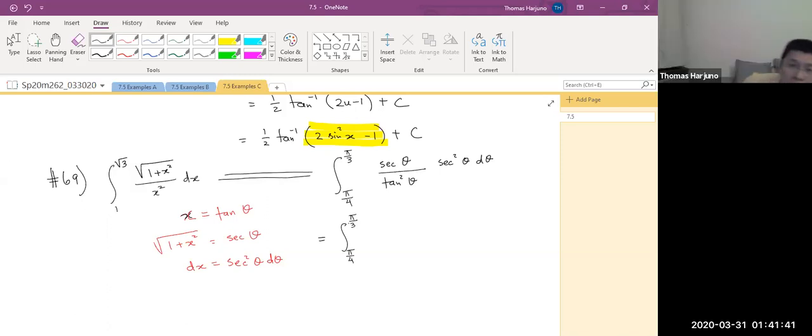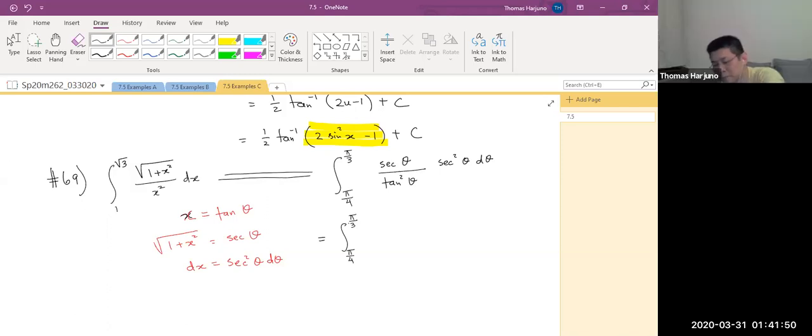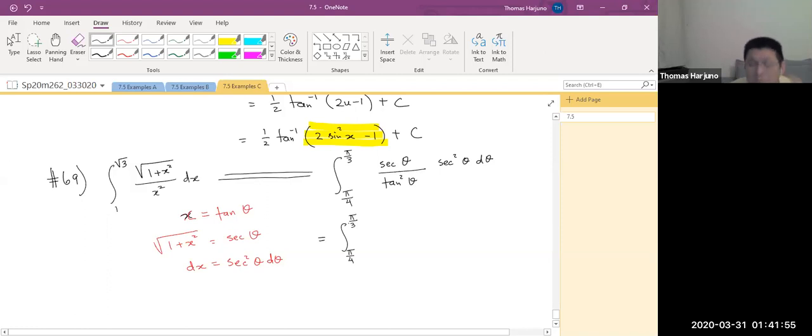With tangent? If I recall, yeah, I feel. Let's see. So let u equal tangent theta, you mean? So du is equal to secant squared theta d theta. But I have an issue with the leftover secant theta.